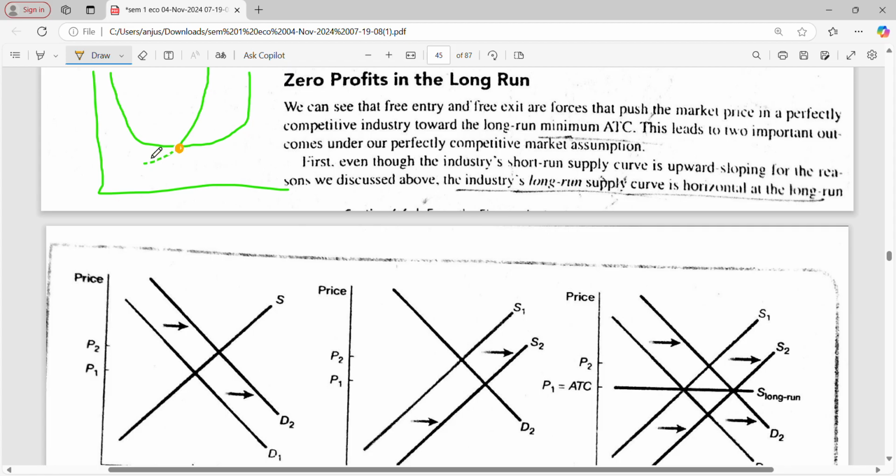This is the minimal part of the ATC curve, and here we can see the long run supply curve is horizontal. Price always returns to minimum ATC, and because ATC does not change, price always remains the same in the long run. Long run industry output changes are absorbed by firm entry and firm exit, causing the long run quantity to change while the equilibrium price remains the same.